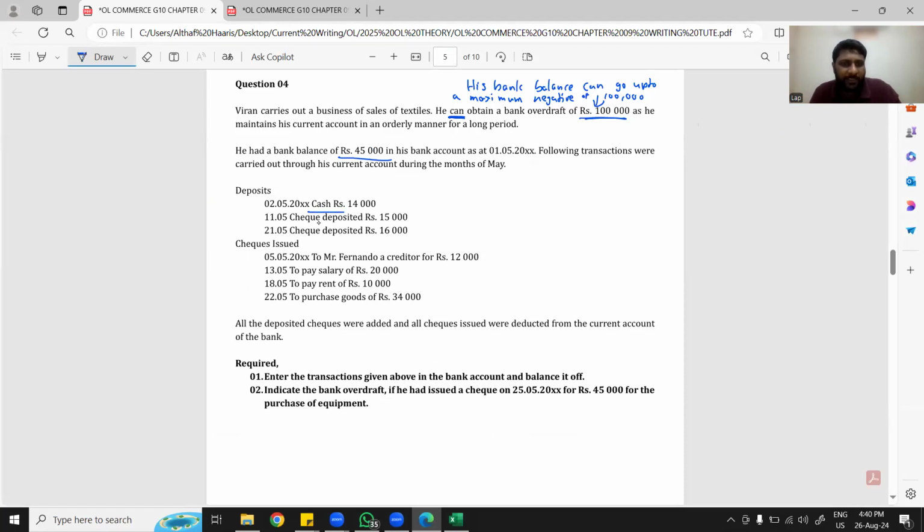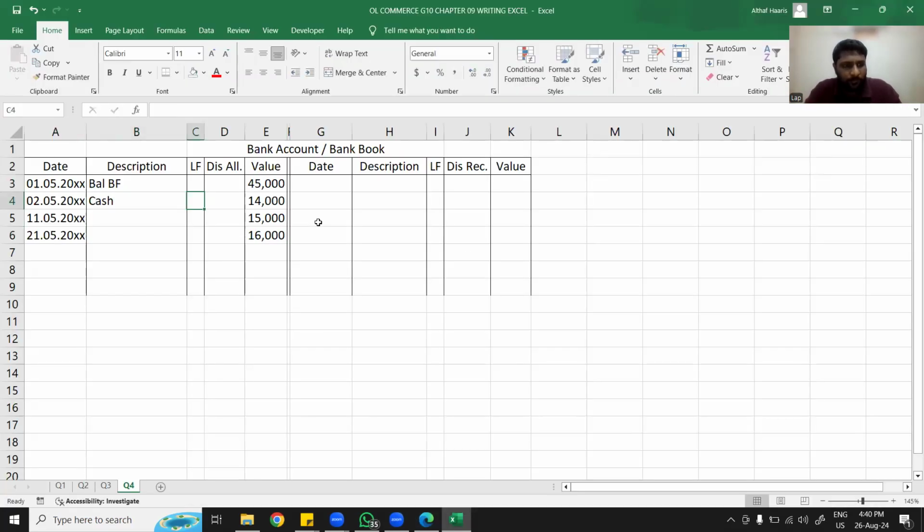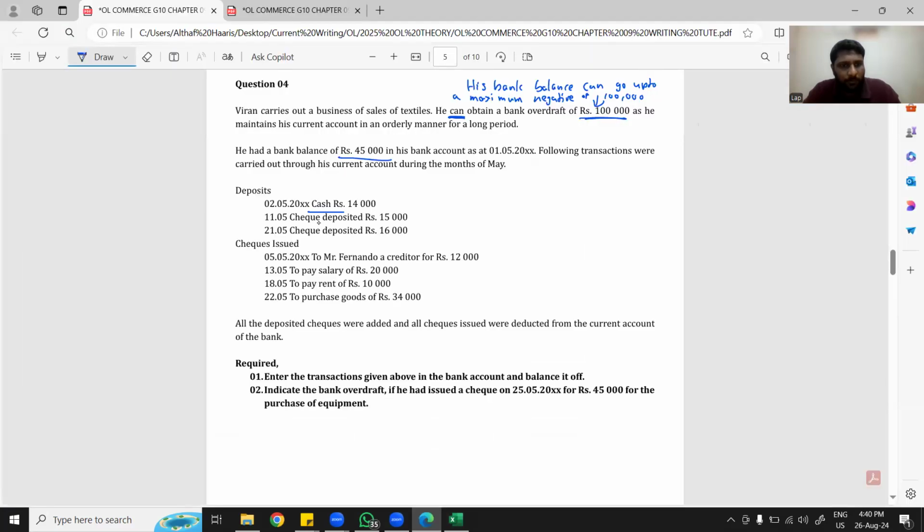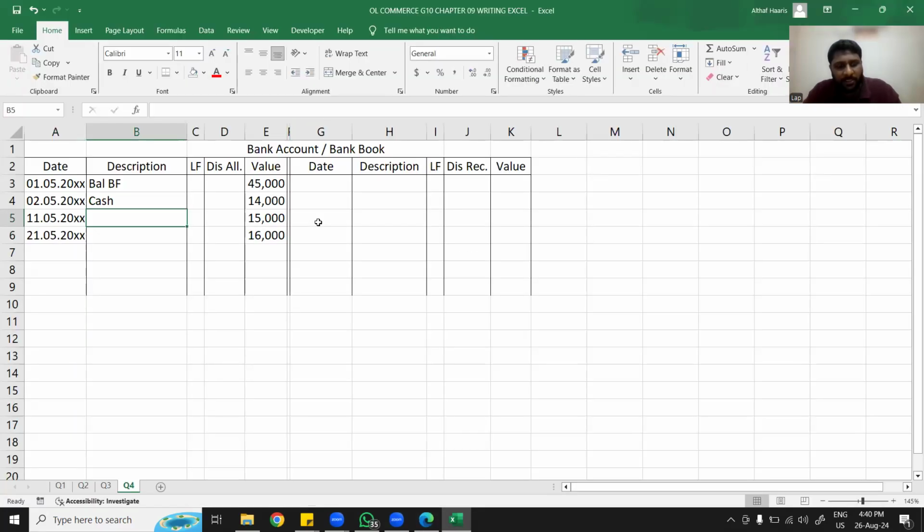So here cash, check deposit. They have not given details, so we'll just write it as check deposit. From whom the check was received has not been given.